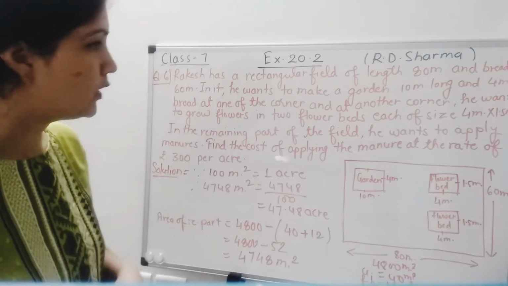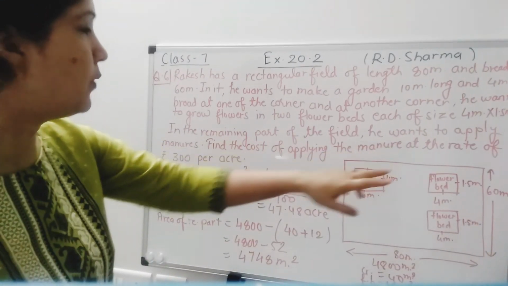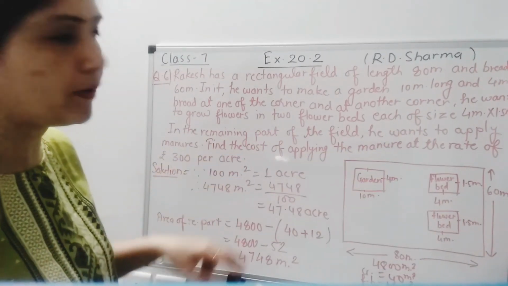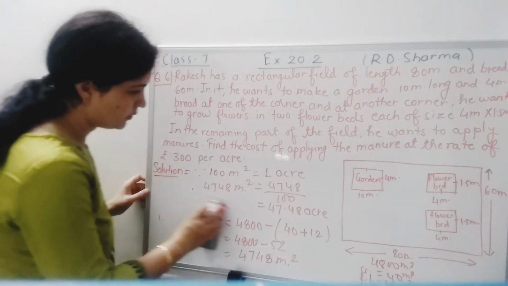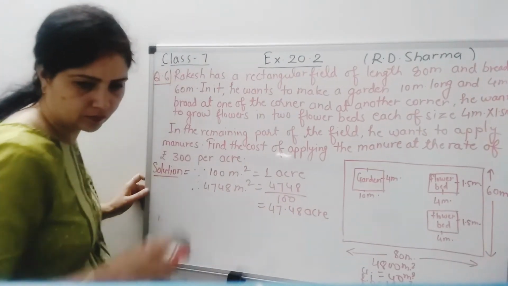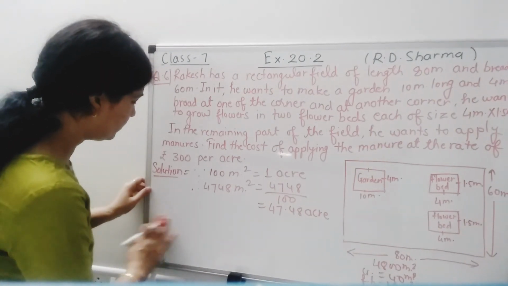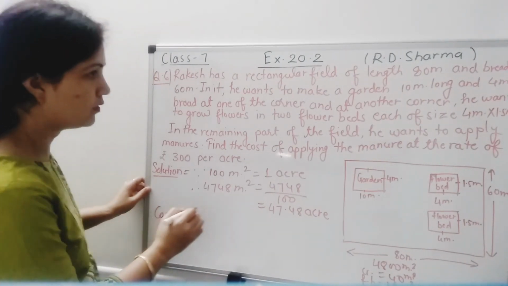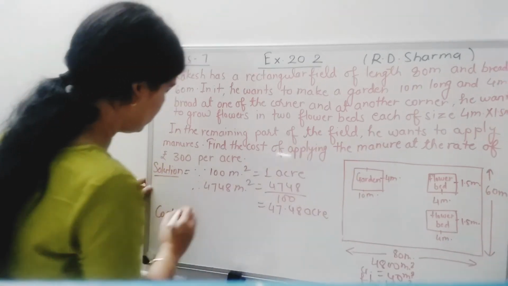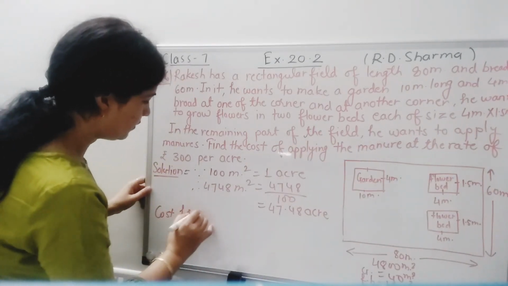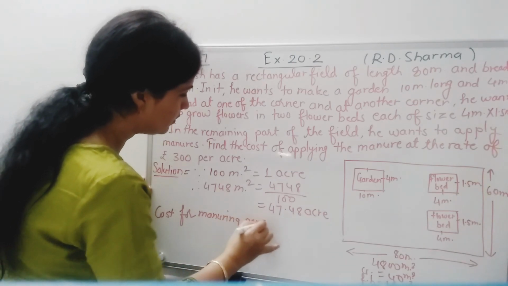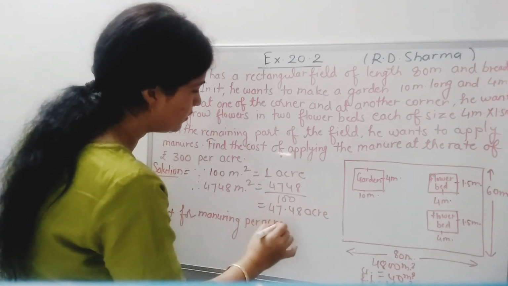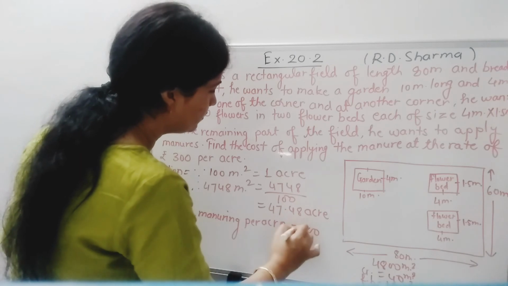Now the cost is given. Find the cost of applying the manure at the rate of rupees 300 per acre. The cost for manuring per acre is 300.